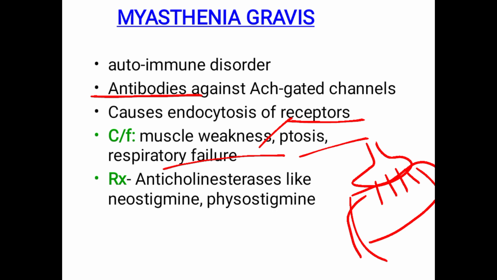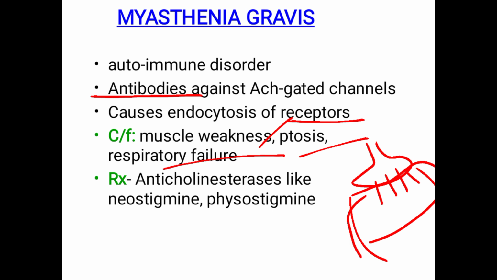At the axon terminal of the motor neuron, there is a presynaptic membrane, also called the prejunctional membrane. It mainly contains synaptic vesicles and mitochondria. These synaptic vesicles contain acetylcholine as a neurotransmitter.